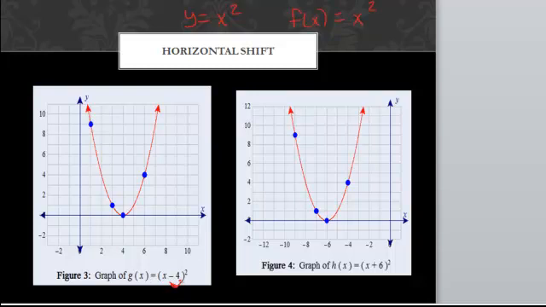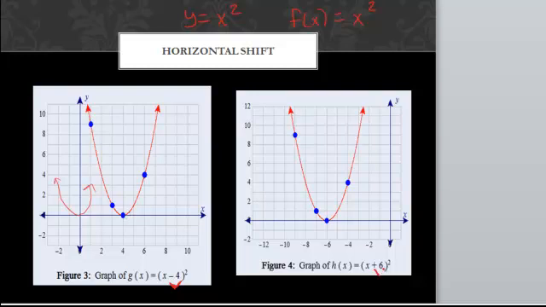The only thing that's different is this minus 4 inside the function. Do you notice how it's inside these parentheses? Well, that just means it's going to shift to the right 4 units. If you remember, the parent function is over here this way. Well, this minus 4 took this same shape and just shifted 4 units to the right.